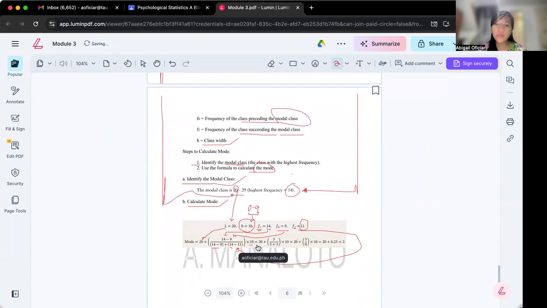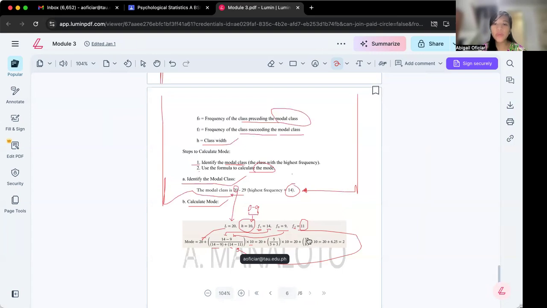So substitute na natin, then you compute 20, of course, then 14 minus 9, that's 5. Then 14 minus 9, that's 5 plus 14 minus 11, that's 3. Then multiply by 10. Okay, and then 20 plus, of course, 5 over 8, no, times 10.